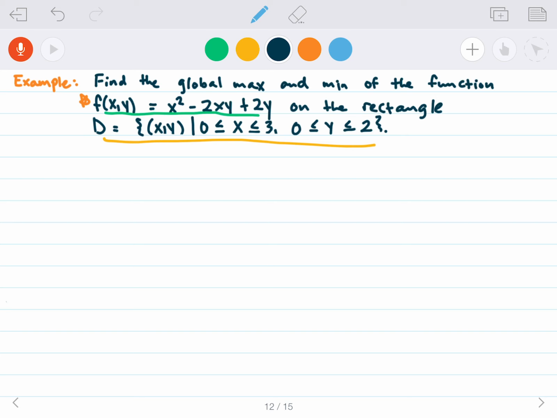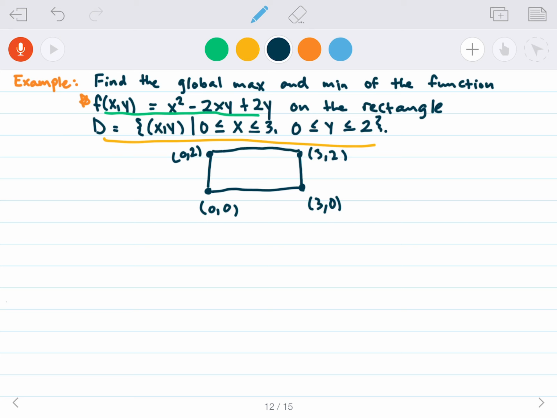So we have x bigger than 0, less than 3, and y bigger than 0, less than 2. So we have 0, 0 right here, 0, 2, 3, 0, and 3, 2.